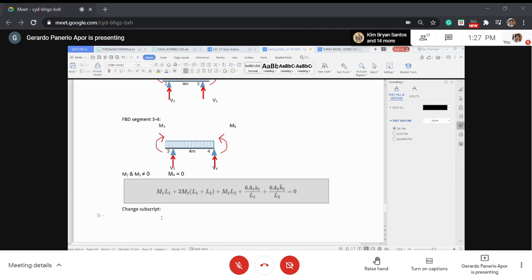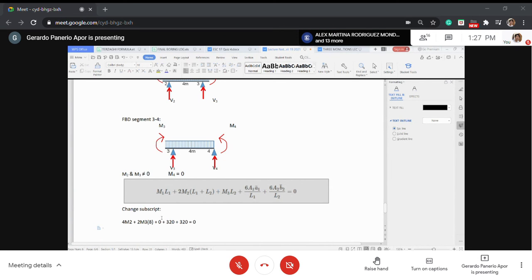So here, M1 will become M2. So you have 4 M2, then plus 2 M3. M3 times 8 because L2 and L3 is 8. Then you have plus 0, that will become M4. M4 is 0. Then we have another plus 320 because it's the same loading, and then plus 320 again. Then this is equal to 0.